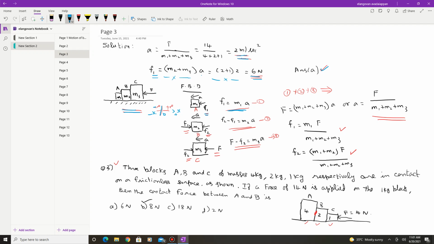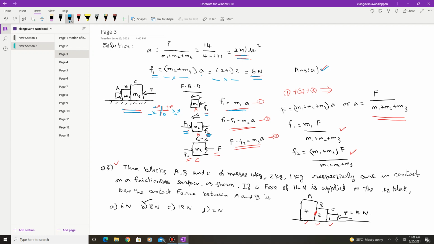Next, let us consider the second block B. Here, two contact forces are acting on block B. Because A is in contact with B, the contact force acting on B from A is F1, the same as the contact force acting from B to A. Now the contact force acting from C to B may be different, so this is F2.